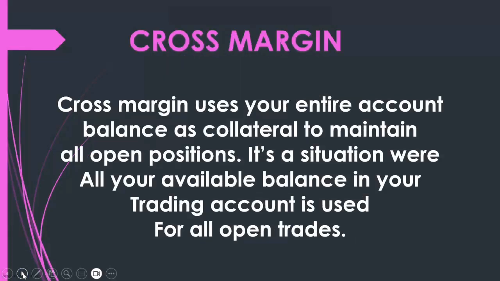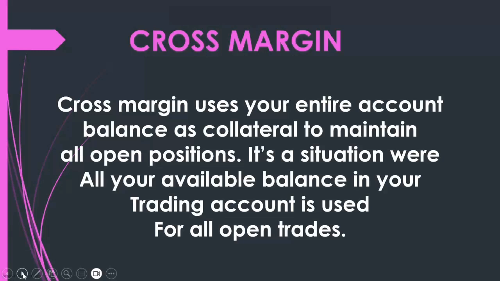Right now, cross margin uses your entire account balance as collateral to maintain all open positions. It's a situation where all your available balance in your trading account is used for all open trades. So we have cross account, we have isolated account. Cross account simply means that, okay, you open a trade, and let's assume that you have $500 in your account, and you decide to use $50 to run a particular trade.